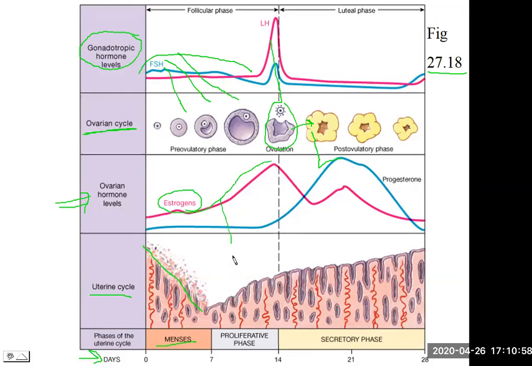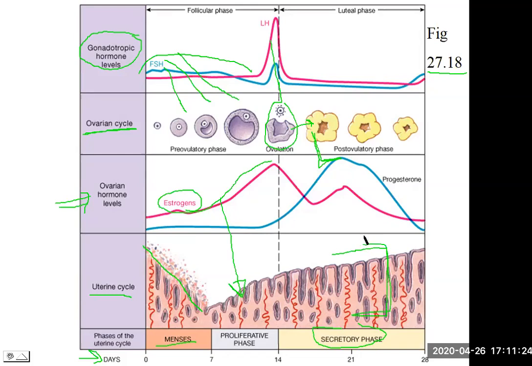But the result is the regrowth of the endometrium, so that proliferative phase, rebuilding the tissue. So with the development of the endometrium in secretory phase, the corpus luteum, or the placenta, being a source of progesterone, that helps to maintain the development of the endometrium.